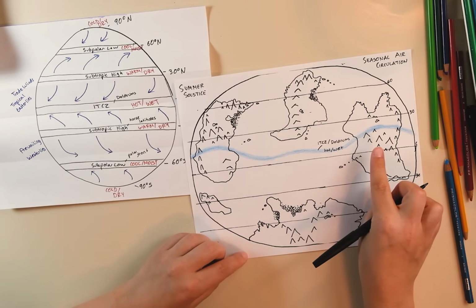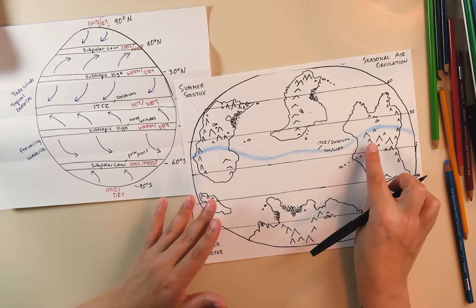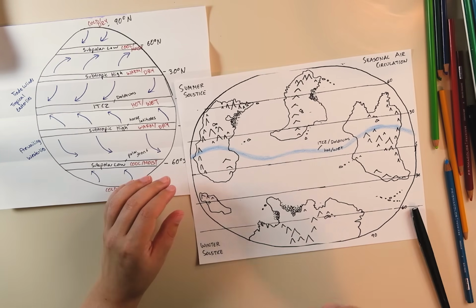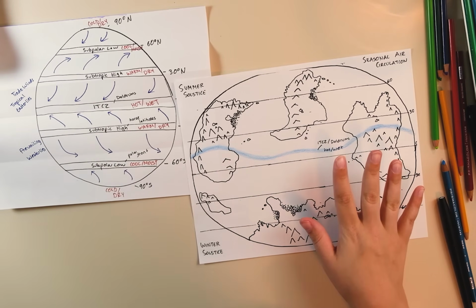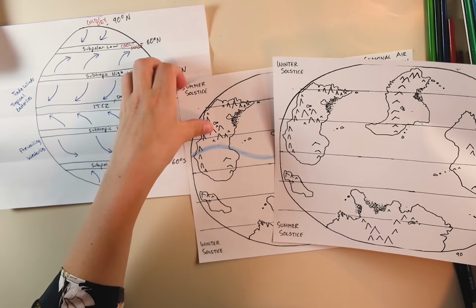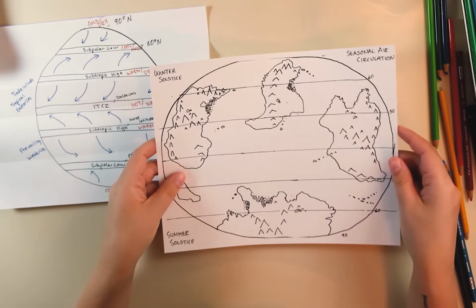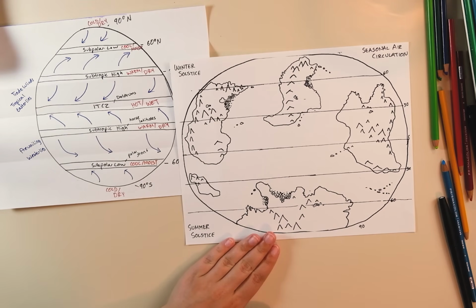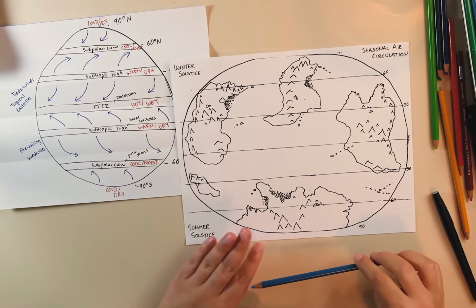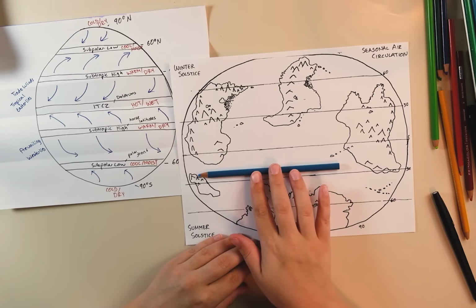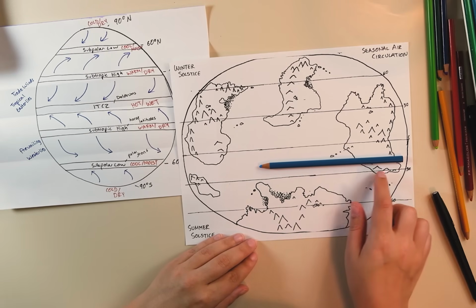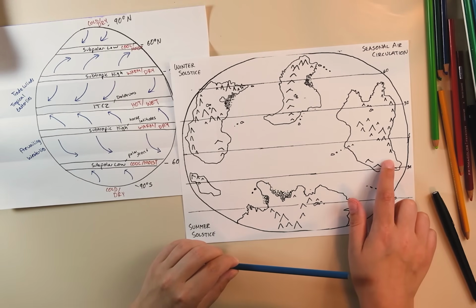Okay, so there is our ITCZ / doldrums, which is hot and wet. So now we're going to do the same thing on our other map. So I'm going to pull this map out, and we're going to be looking at the southern hemisphere. So this is basically around here. The only place where we really have land here is going to be over in this continent.